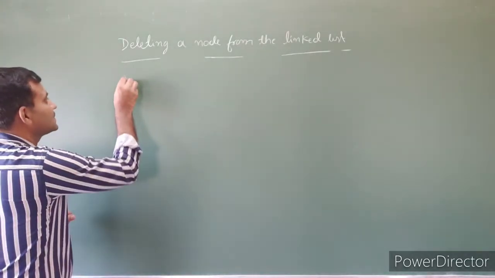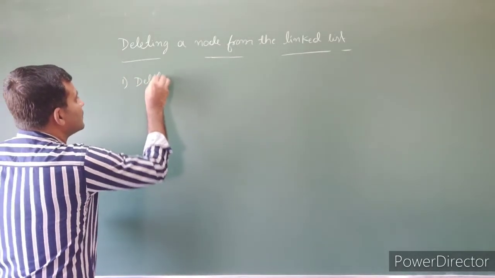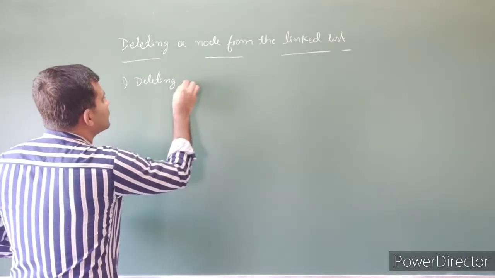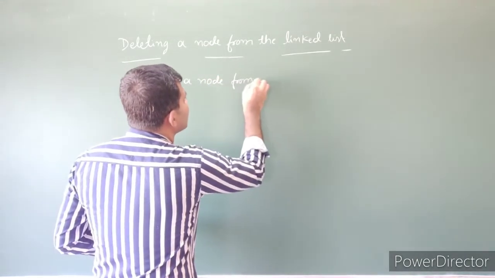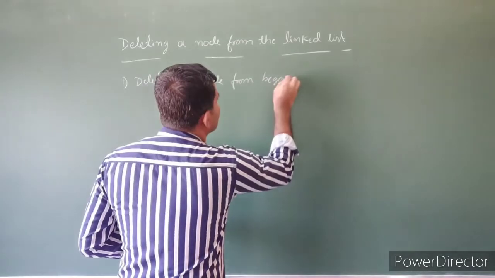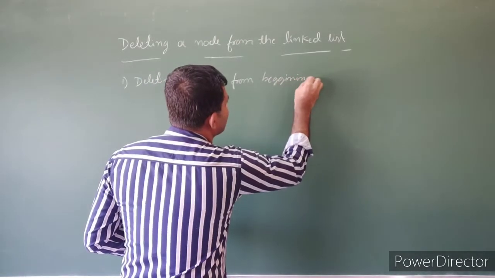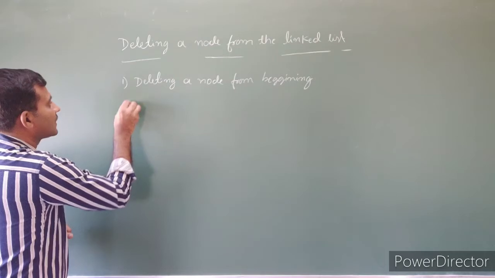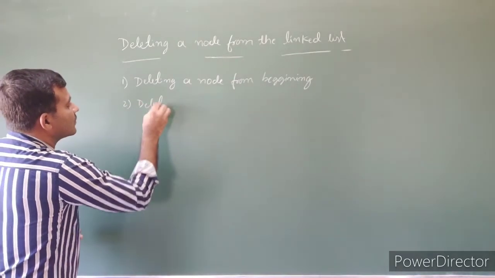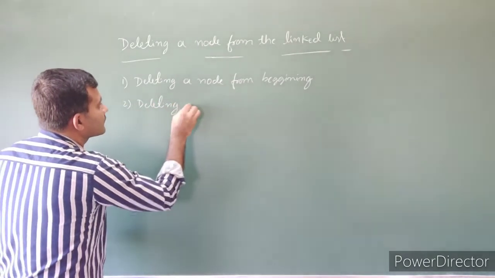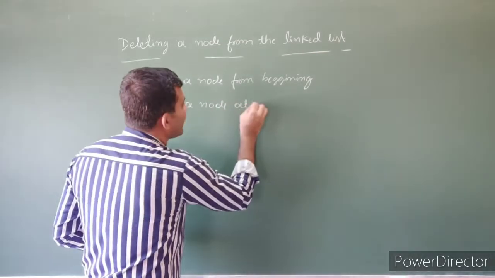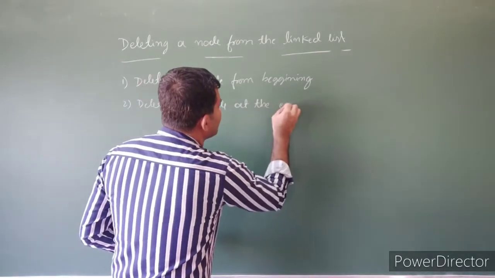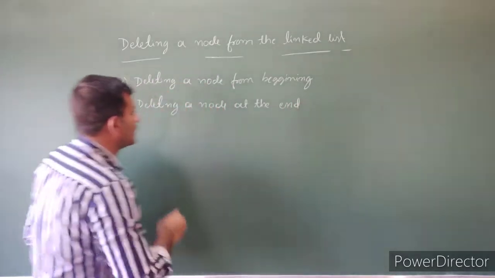The first case is deleting a node from the beginning of the linked list. Second one, deleting a node at the end of the linked list.